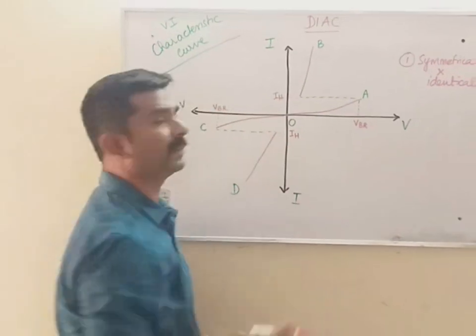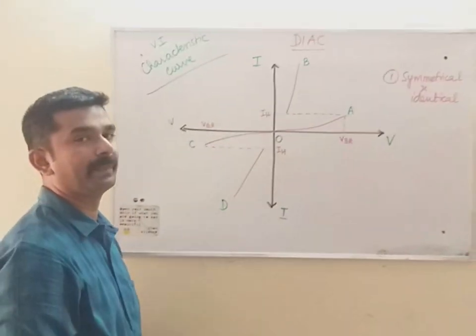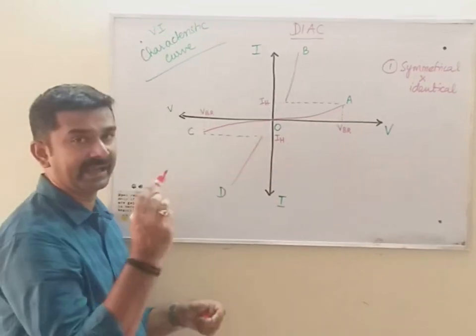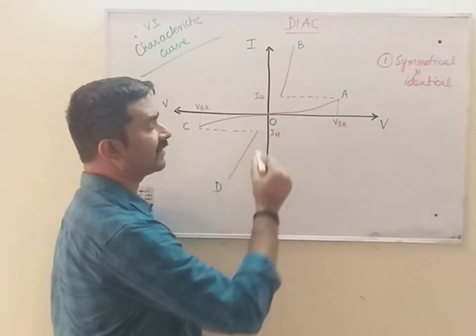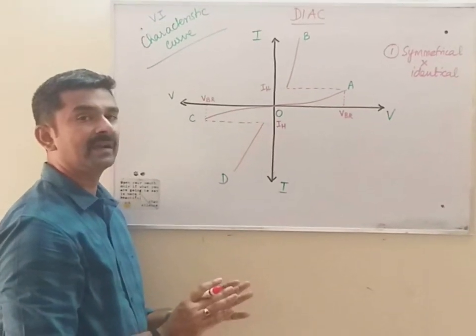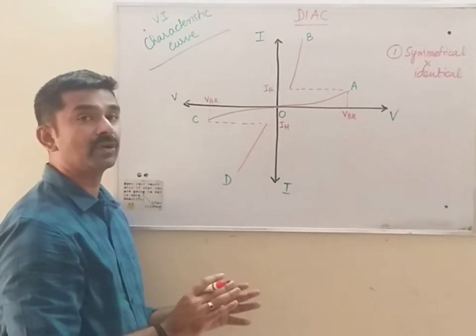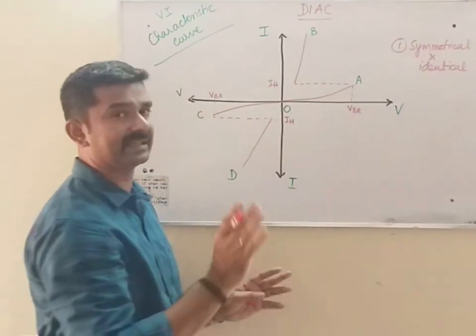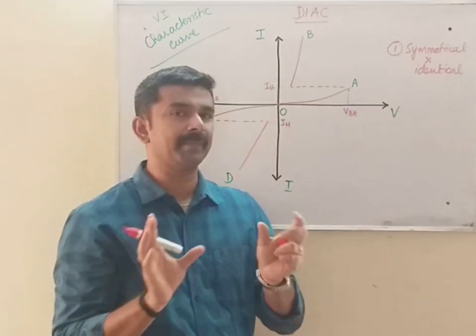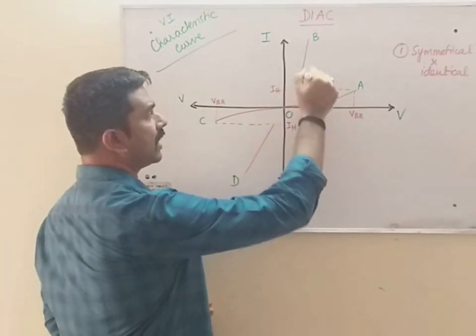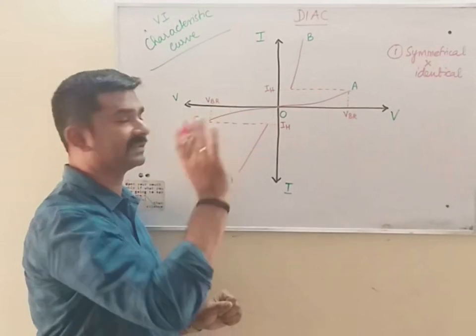The characteristic curve is drawn understanding the operation of SCR. The characteristic is very similar to that of SCR because two SCRs kept parallel to each other form a diac. Correct? Okay. So this is drawn based on the characteristic curve of SCR.